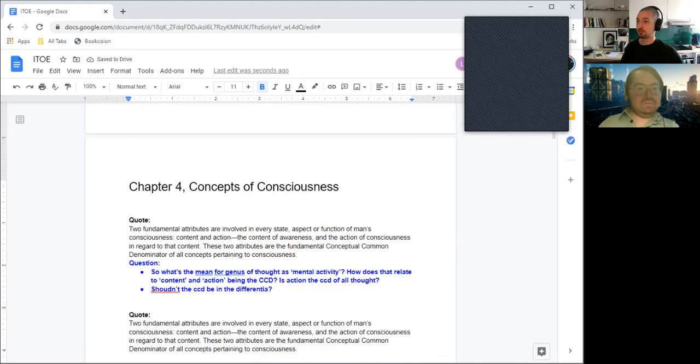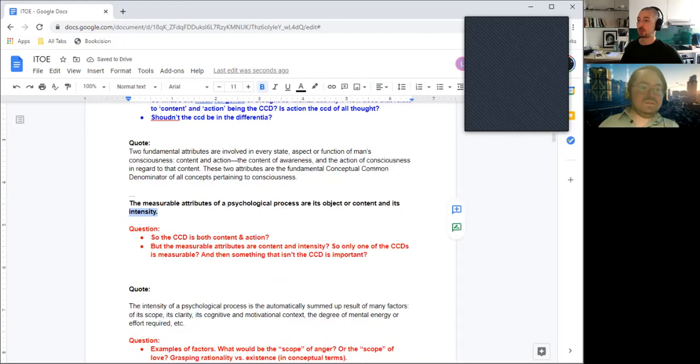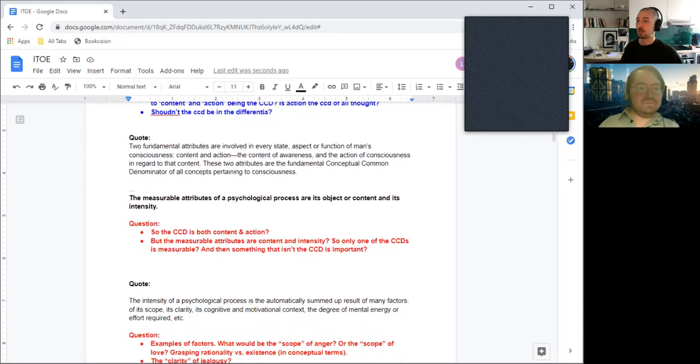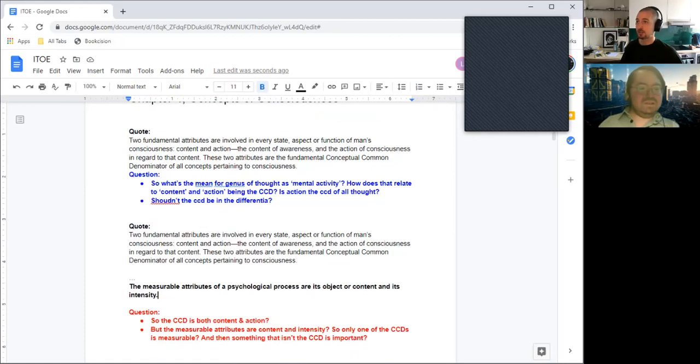So now it's changed from action to intensity. But the fundamental attributes are contents and action, but the measurable attributes are contents and intensity. Did I get that right? So CCD isn't measurable? I'm unsure why she wrote it this way.